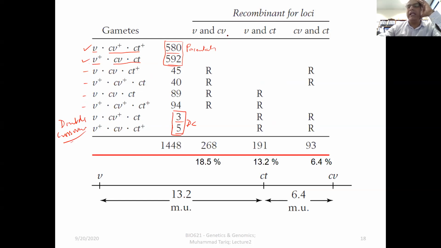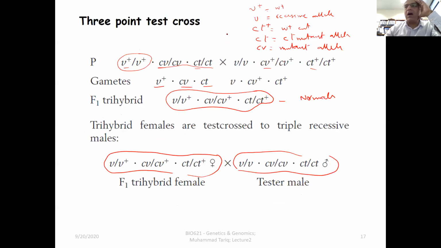The question you are dealing with is how vermilion, cross-veinless, and cut are organized on the chromosome. What is the physical distance between each of these traits?